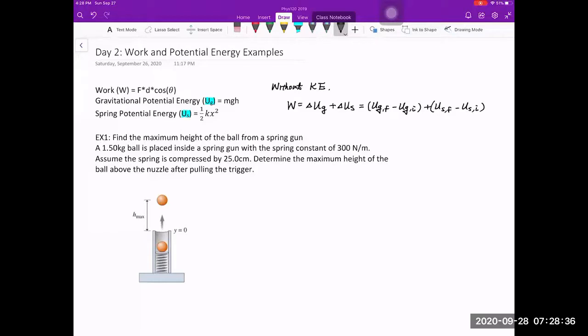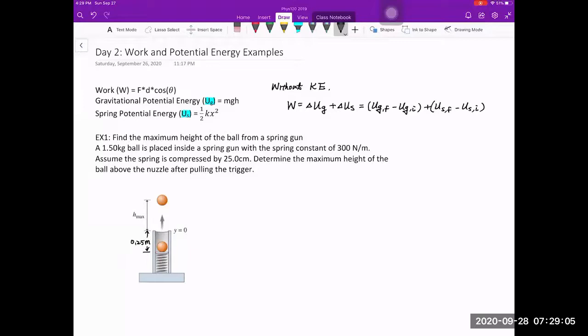Let's look at the first example here. We have a spring gun. It was compressed to a certain distance, and the distance is equal to 0.25 meter. It's 25 centimeters. So from here to here is 0.25 meter. When the spring reaches the top, which is y equal to 0, it is the unstretched spring length.